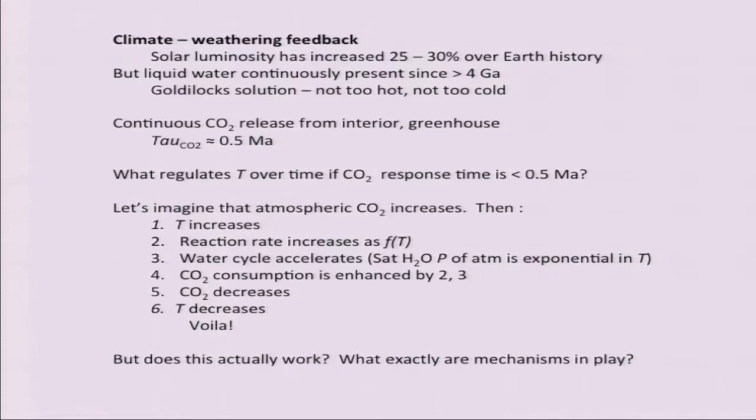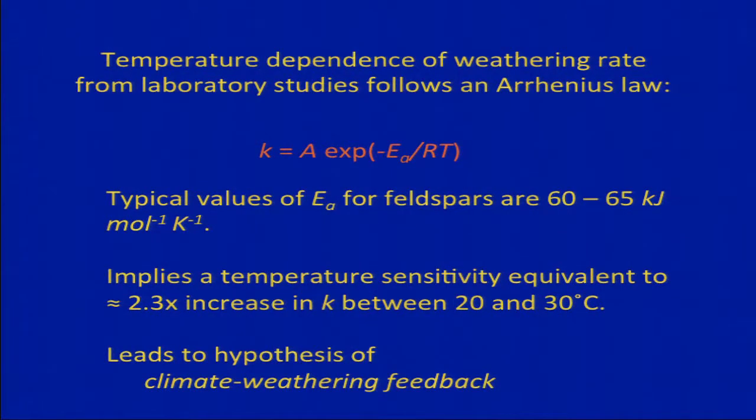So that observation has been around for a long time, and leads to this notion that, well, if weathering rates really can vary by a factor of 2 or 3 over reasonable temperature change, then maybe weathering rates should depend on climate in some way, and that might be interesting in a number of respects.